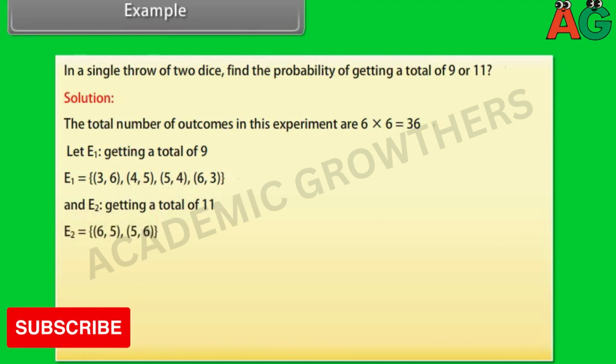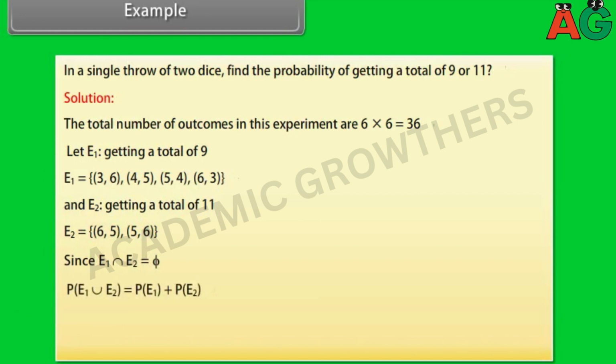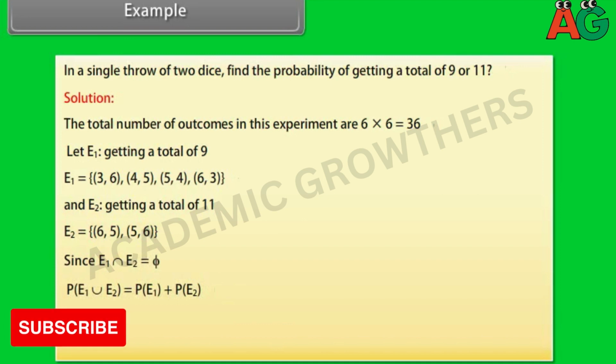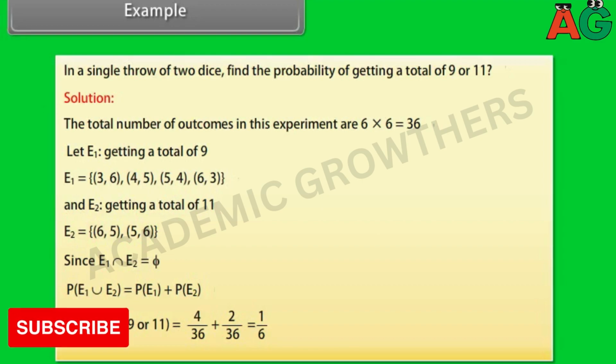E2 is equal to (5,6), (6,5). Since E1 intersection E2 is empty, P(E1 union E2) is equal to P(E1) plus P(E2). P(a total of 9 or 11) is equal to 4 by 36 plus 2 by 36 is equal to 1 by 6.